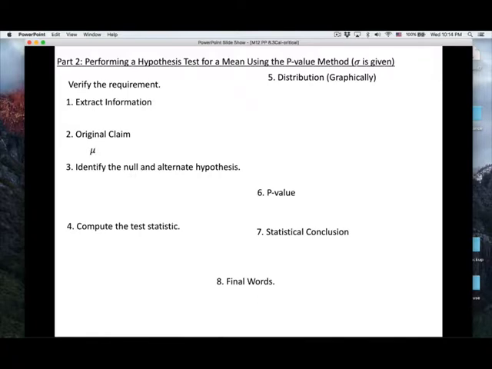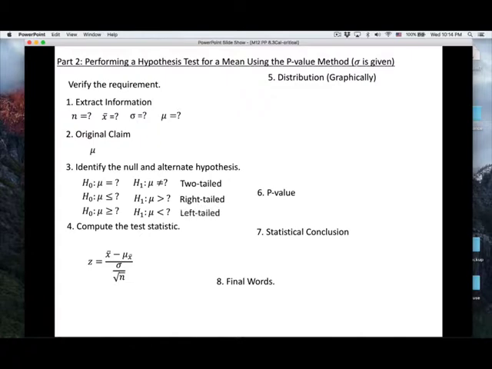Okay, so same idea, we are working on the mean. Find out the test statistic formula. So it should be the z, so we are working on the z distribution. Figure out these 4 guys here. Look at here, this is a population standard deviation, okay? And then figure out your alternate hypothesis, and decide which tail it is going to be.